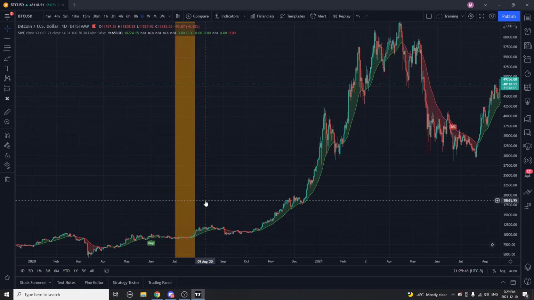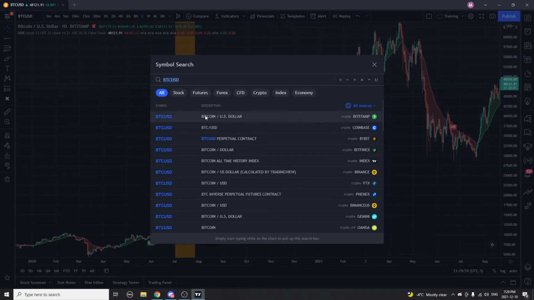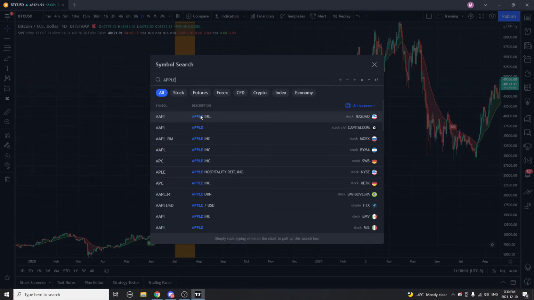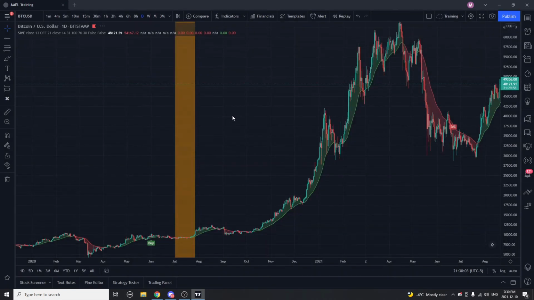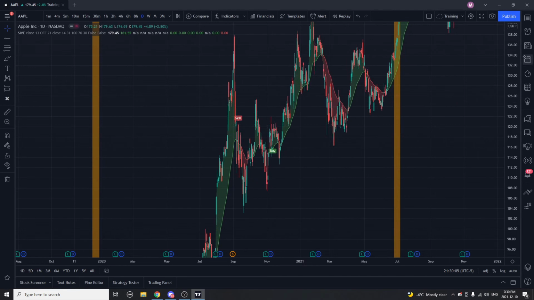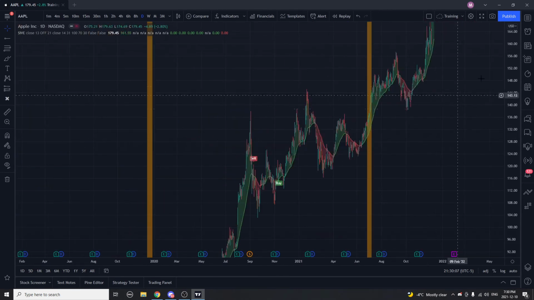Now, as I'm coming to the end here, I would like to just show you the different power you can have. Sive is rigid for all time frames. It is rigid for all markets. A lot of you may not like Bitcoin. You may be a stock person. Oh, let's look at Apple.